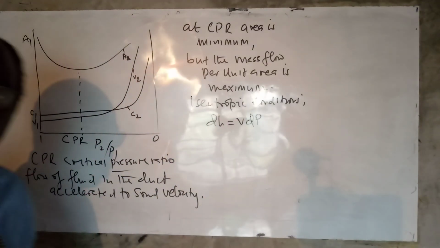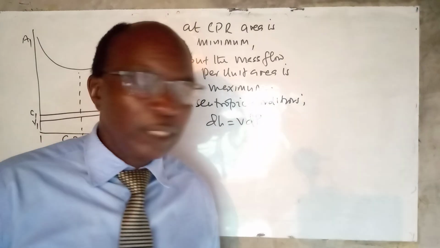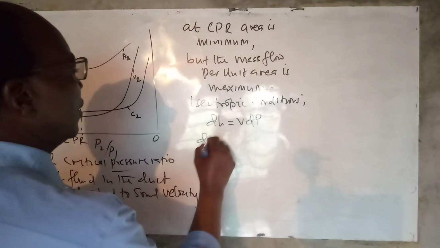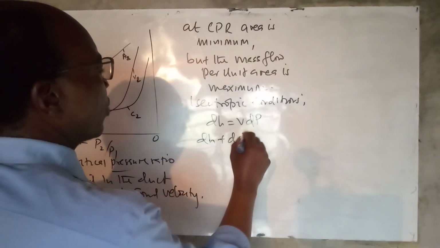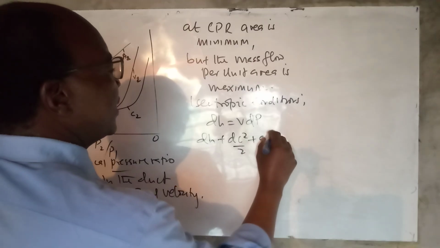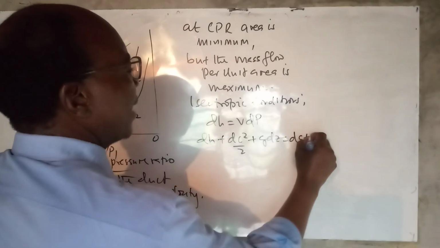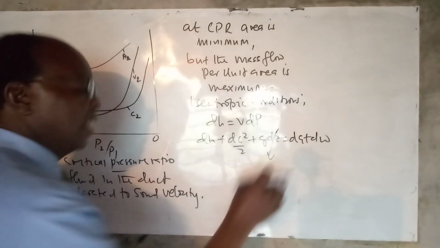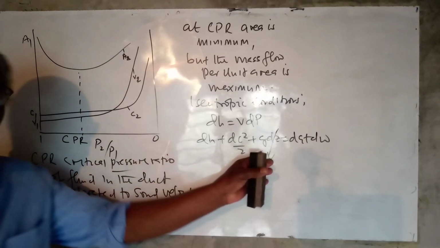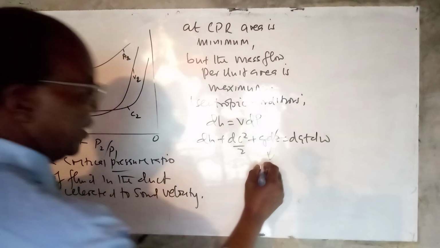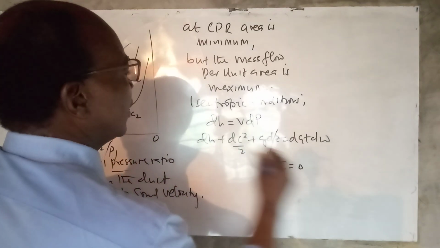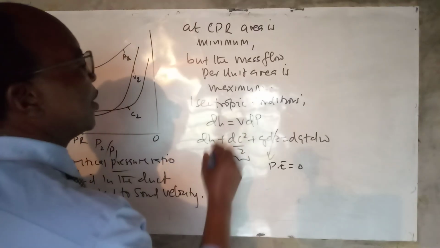And therefore, if we go to the steady flow equation, which we had derived earlier on, we have dH plus d(C squared) over 2 plus g dz equals dQ plus dW. And we say that if the elevation from the datum level is not significant, then this potential energy expression is 0. And this is the kinetic energy expression.